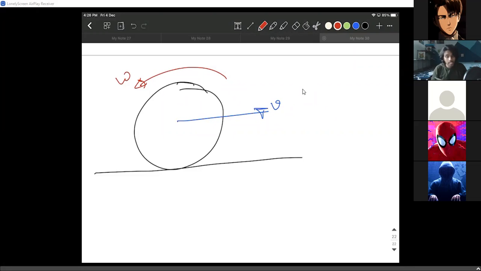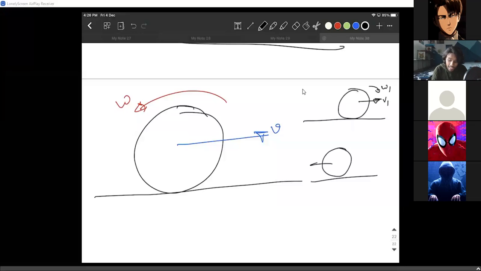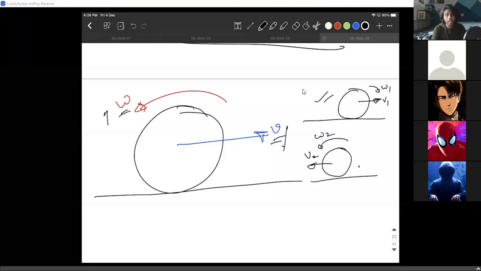When you do this, the coin might end up in two different cases: it might get some V1, omega 1 with forward rolling, or it might end up with V2, omega 2 in a backward rolling case. If you provide a high amount of V but less omega, it'll end up in case 1. If you provide less V but high omega, it'll end up in case 2. It depends on what you're providing.